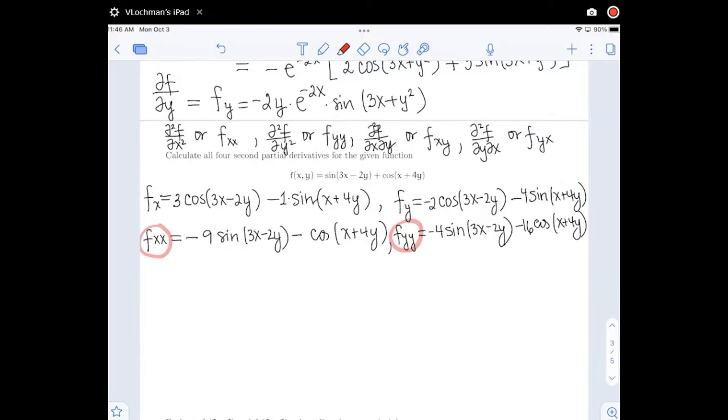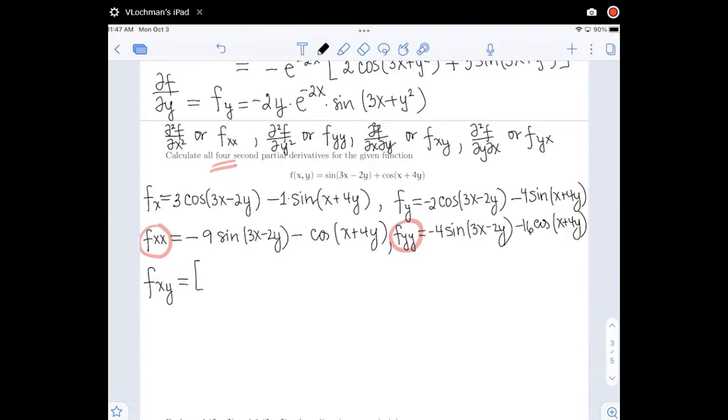Now it says all four, right? So now we want to compute the mixed second derivatives, right? So let's go ahead and do f x y. How do we do that? Well, we know what the first derivative with respect to x is.